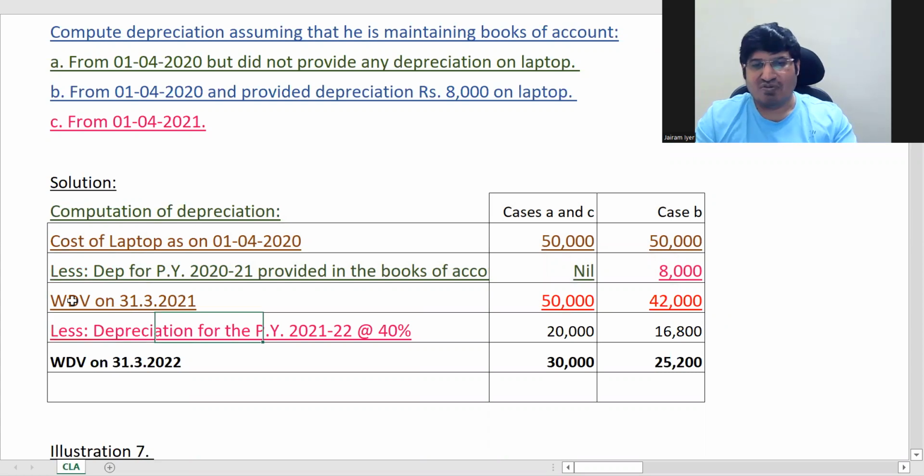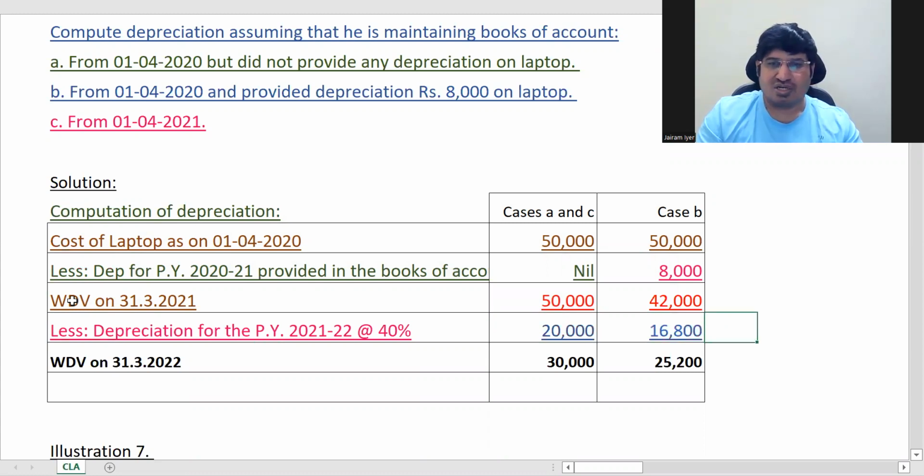So depreciation will be 40% of the above. 50,000 into 40% will be 20,000. Same, 42,000 into 40% will be 16,800.